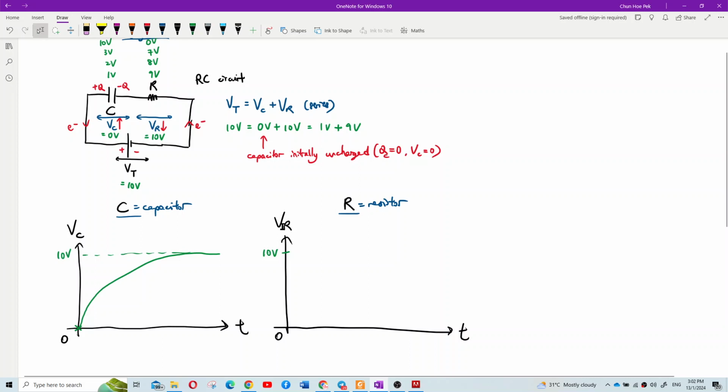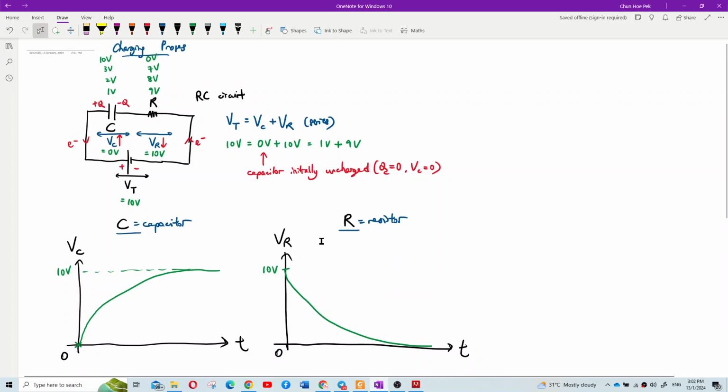But for the resistor, the voltage decreases until it becomes 0. But the total is still 10 plus 0, must equal 10. It cannot be more than 10. The total voltage is still 10 volt. It's just that when we charge a capacitor, the voltage for the capacitor increases until maximum, and the voltage for the resistor decreases until it becomes 0.